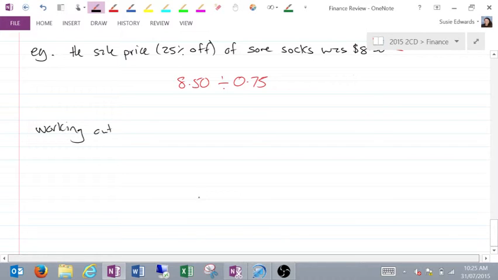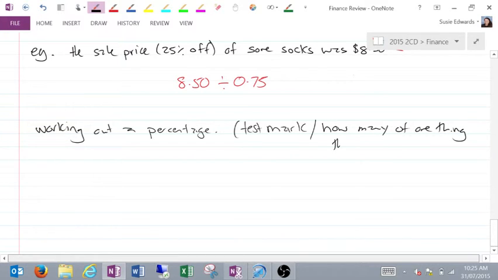So working out a percentage. It's not a percentage of an amount. It's more just a percentage. So, e.g., a test mark. Or how many of one thing there is in a group.